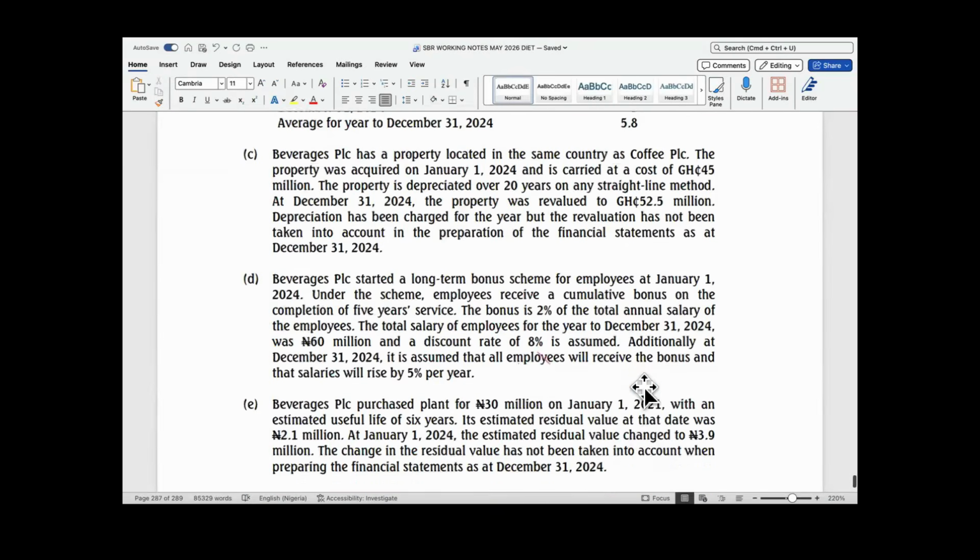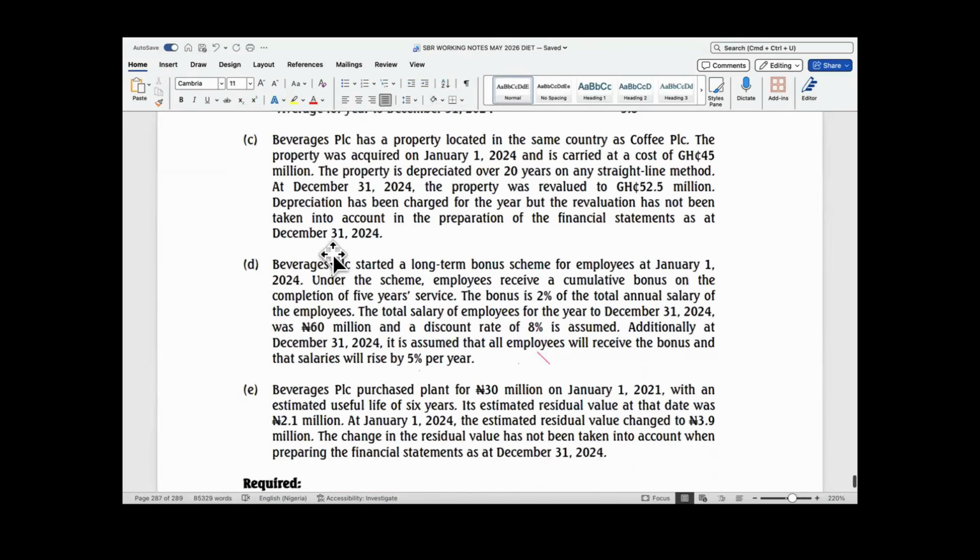So let's go to the next adjustment, which is D. I'm told that Beverages started a long-term bonus scheme for employees at January 1st, 2024. Under the scheme, employees receive a cumulative bonus on the completion of 5 years service.